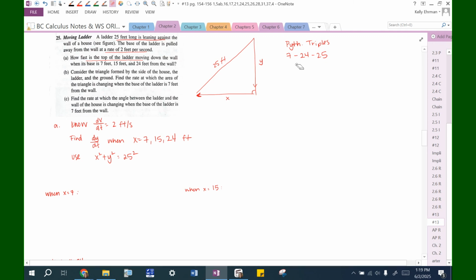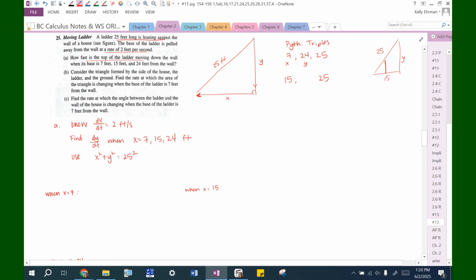I shouldn't put, these look like minus signs. Sorry, 7, 24, 25. So if this is x, this is y. If x is 15 and the hypotenuse is 25, that's probably a scaled up 3, 4, 5, right? 25, 15, what is y going to be? So remember, you can reduce this to a similar triangle.